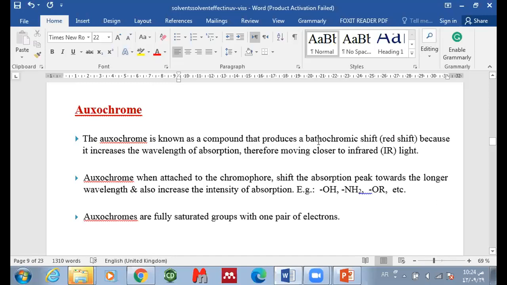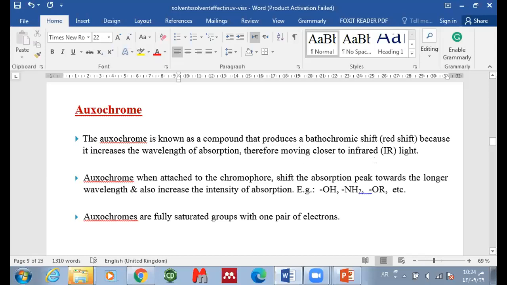And this will lead to bathochromic shifts, red shift, because it increases the wavelength of absorption, and therefore moves closer to infrared.